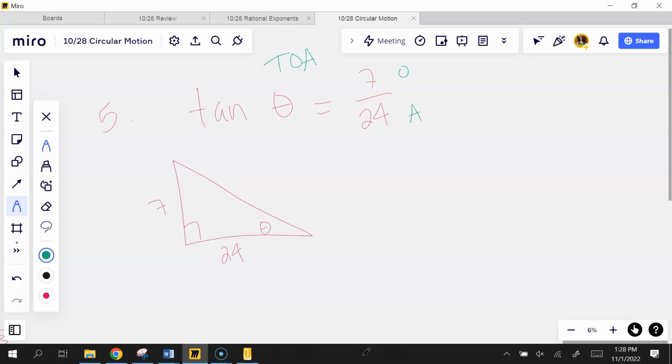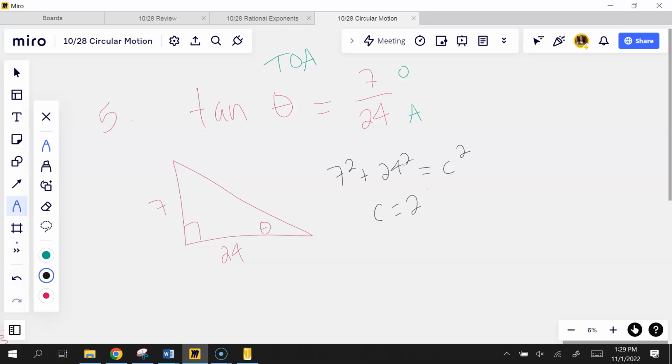So now I got to use my calculator, right? 7 squared plus 24 squared equals whatever this is squared. What's it come out to be on this side?